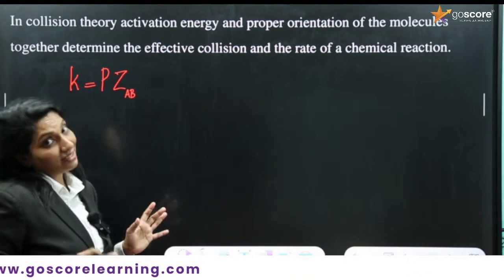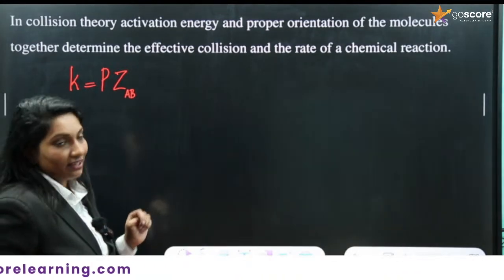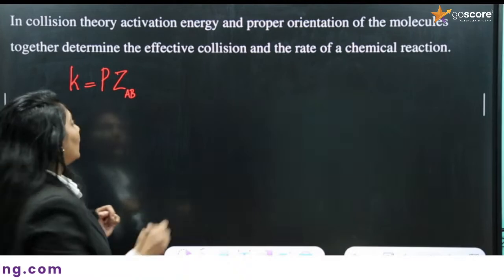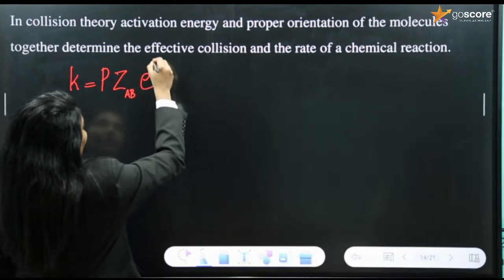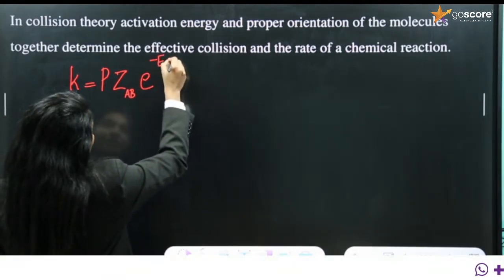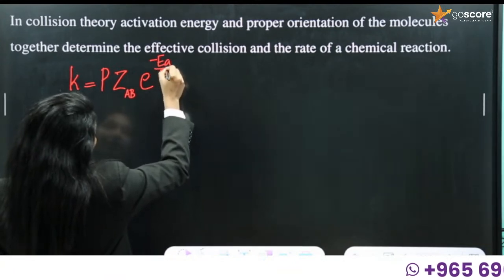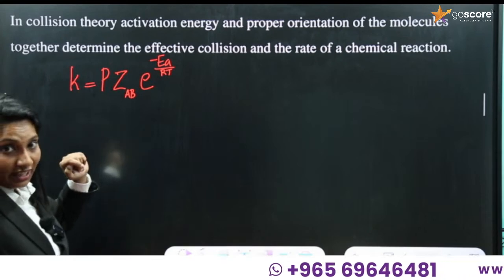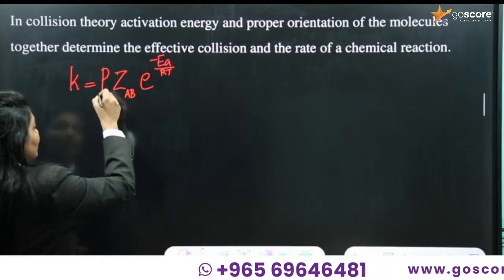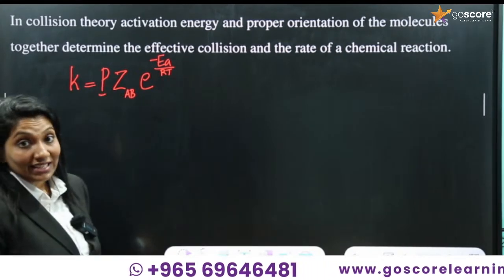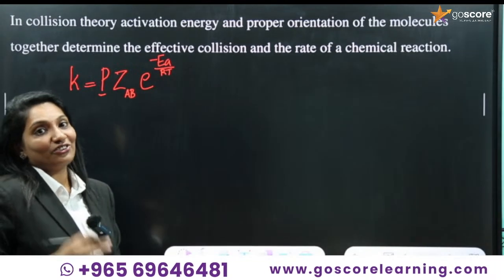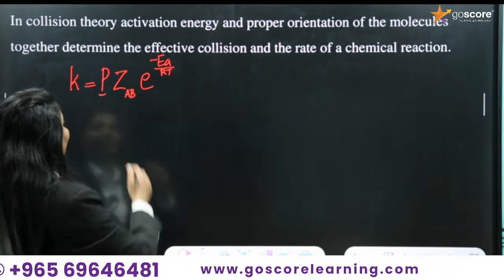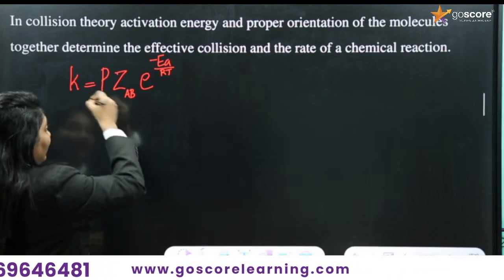What is Z? It is the collision frequency in terms of reactant molecules. Then e raised to minus Ea by RT. What is this P? P is the steric factor, that is the proper orientation.